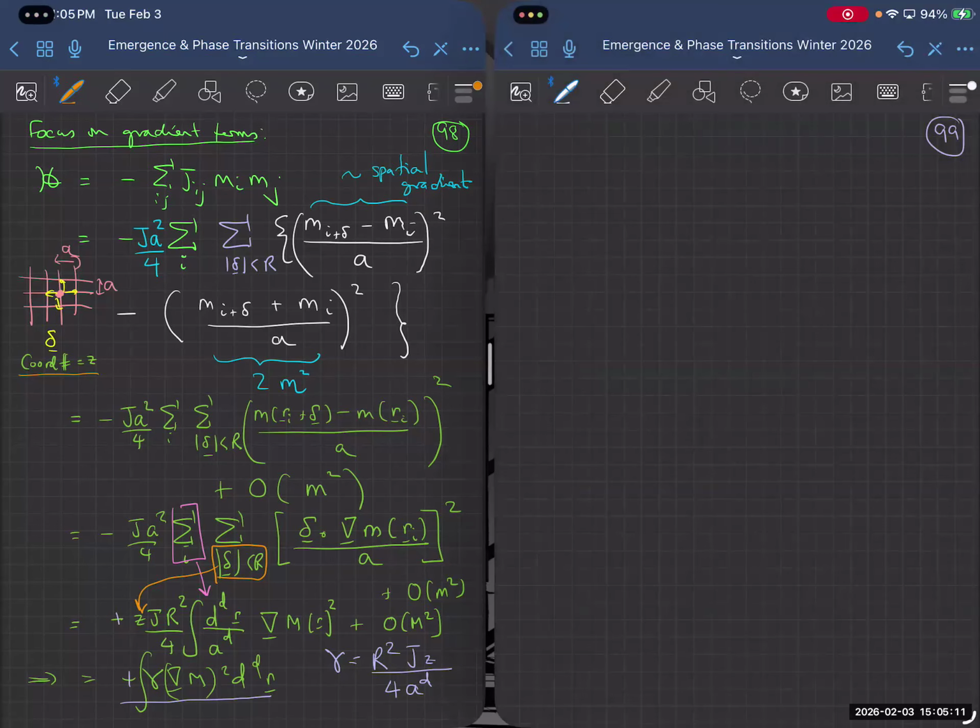So we're going to now talk about the renormalization group. This is chapter 9 in my book, and we're going to approach this in a fairly phenomenological, historical way.